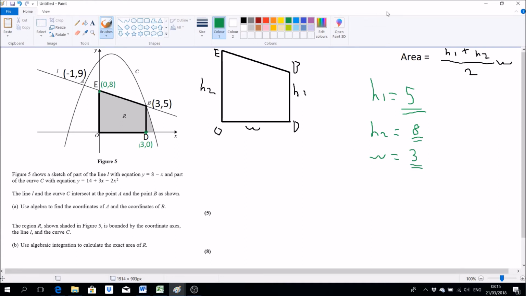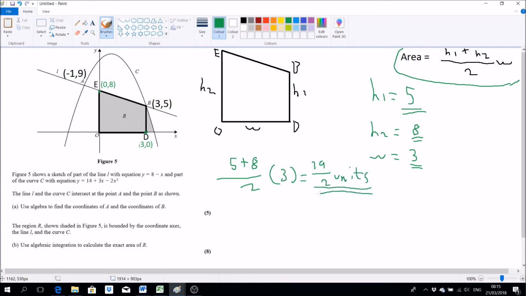And we have our values, and all we have to do is just plug it into this equation, which if we do, we should get 39 over 2 units squared. So I'm just going to underline this. So we calculated the area of this trapezium, which is 39 over 2 units squared.